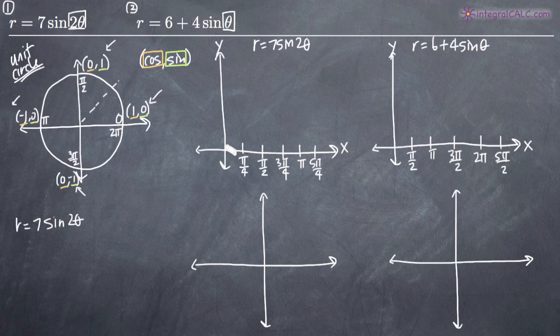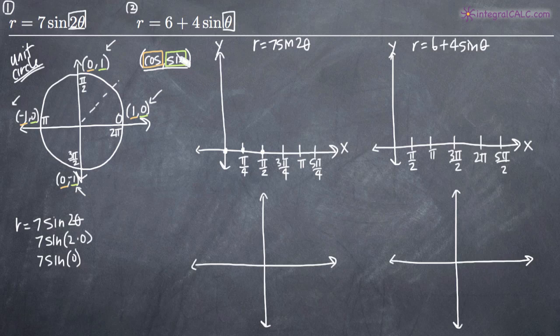We're going to start with 0, and then we're going to find pi over 4, pi over 2, etc. So when we plug in 0 for theta and solve for r, we'll get 7 sine of 2 times 0, which gives us 7 sine of 0. Well, sine of 0, remember when we go back to our unit circle, all of our coordinates on the unit circle, you can consider the x-coordinate as cosine and the y-coordinate as sine.